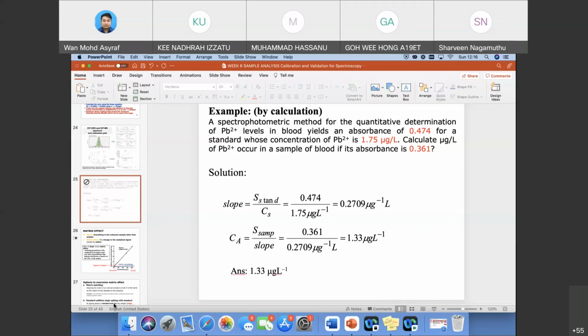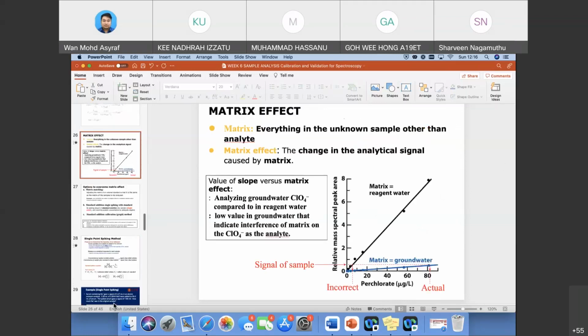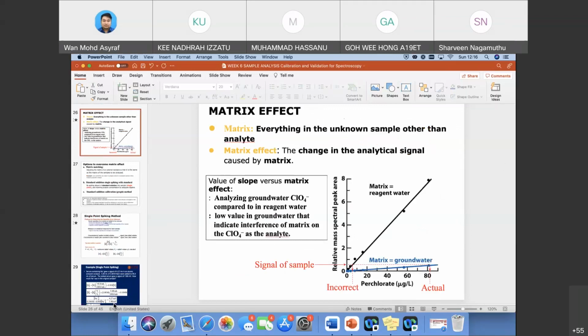All right, so now we are going to look at the matrix effect. Earlier, when we looked at the external calibration curve, I said that we assume there is no matrix effect. So what happens when there is a matrix effect? In chapter 1, we looked at what a matrix actually is.